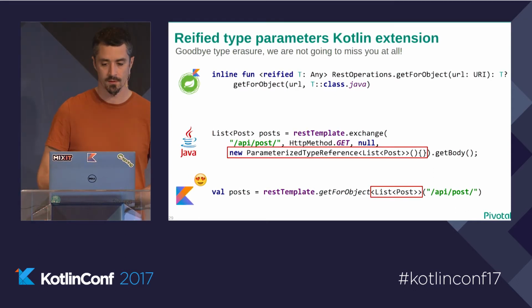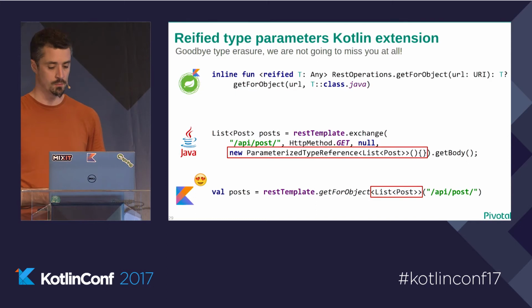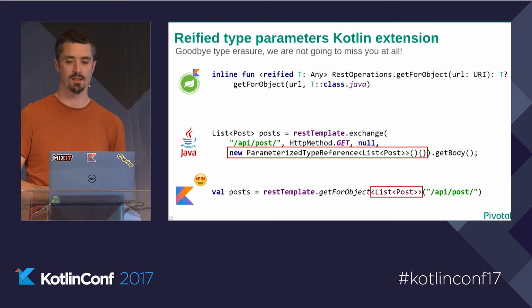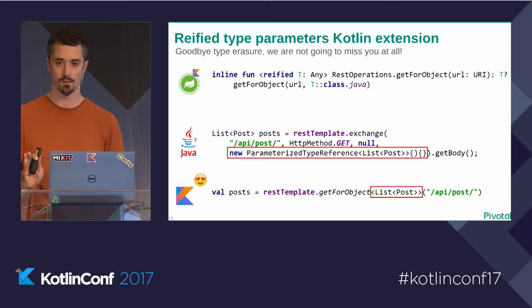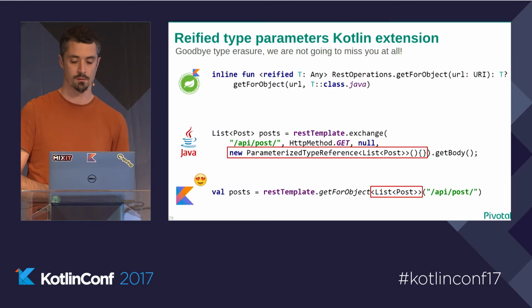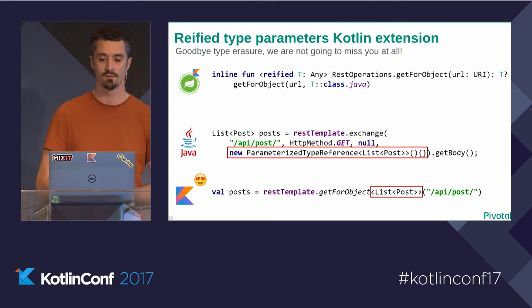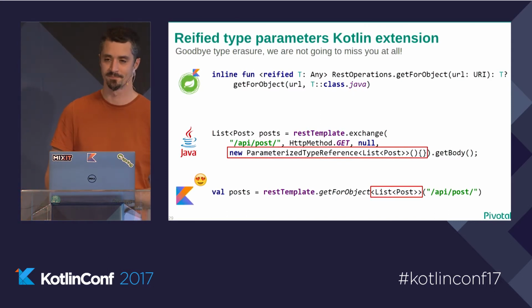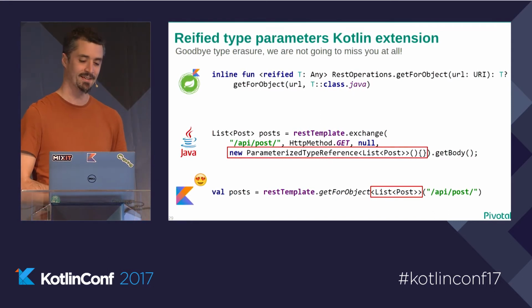So the syntax of the extension is a little bit obscure, but basically in Java, I have taken the most horrible example. In Java, because there is type erasure, to be able to retrieve a list of something with the REST template, you have to write this not so nicely looking code.